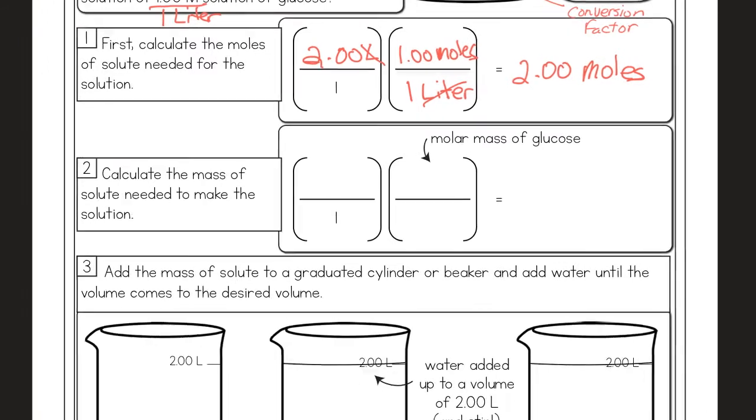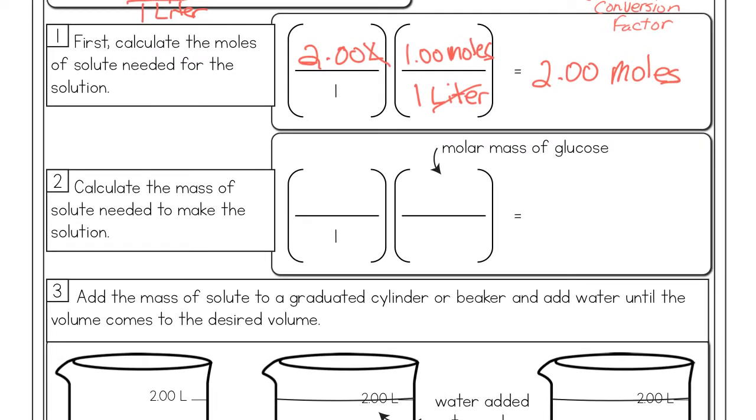The second step says calculate the mass of the solute needed to make the solution. If we're looking for mass, that's always going to be in grams, which of course stands for grab your periodic table. The 2.00 moles becomes my known. If I have moles on the top, I'm going to need moles on the bottom, and I'm going to grams. So 1 mole is equal to a certain number of grams, and I have to calculate the molar mass of glucose.